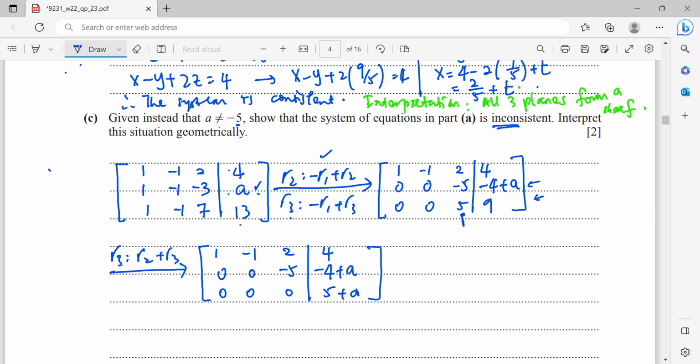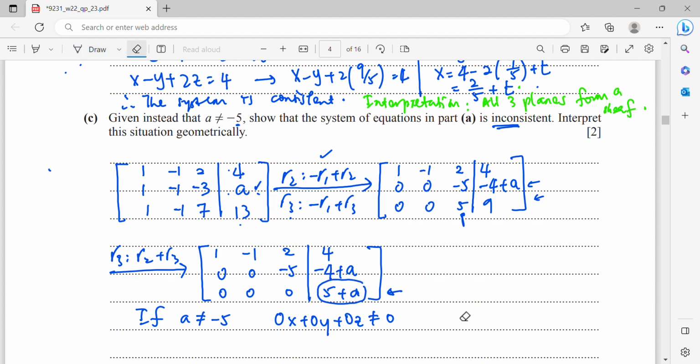So from here, we know that if a is not minus 5, then for the last row we get 0x plus 0y plus 0z is not equal to 0, because 5 plus a will not be 0.